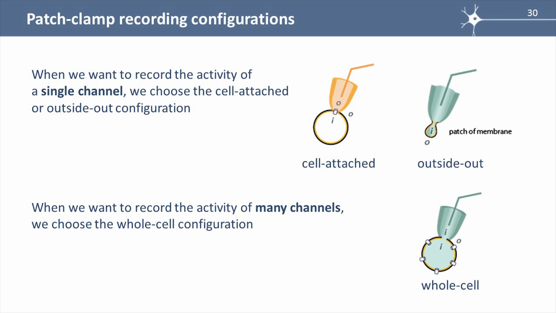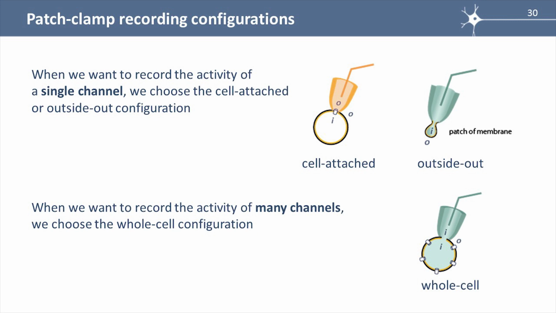We start by attaching the pipette, this time filled with an artificial intracellular solution, to a neuronal soma. Then, the researcher creates a negative pressure either by sucking the air in the tube attached to the pipette, making this characteristic little noise, or he does it with a syringe.